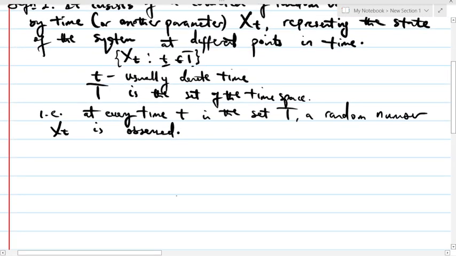Our t can be in seconds, minutes, hours, days, monthly, or yearly, as the case may be.